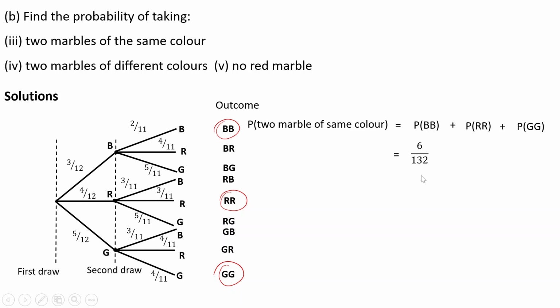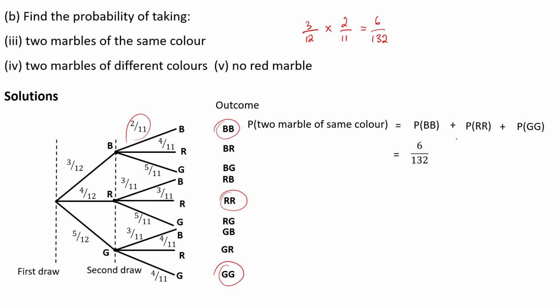How? Because we just picked this one here, which is 3 over 12, times this one here, which is 2 over 11. So when you multiply 3 times 2, you get 6. Then 12 times 11, you get 132. This is where this one came from here.